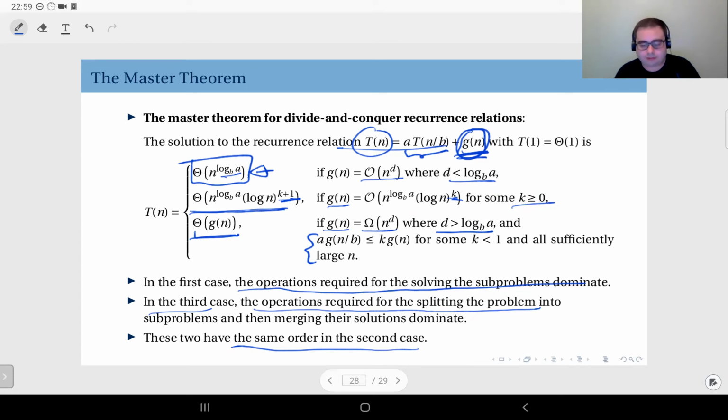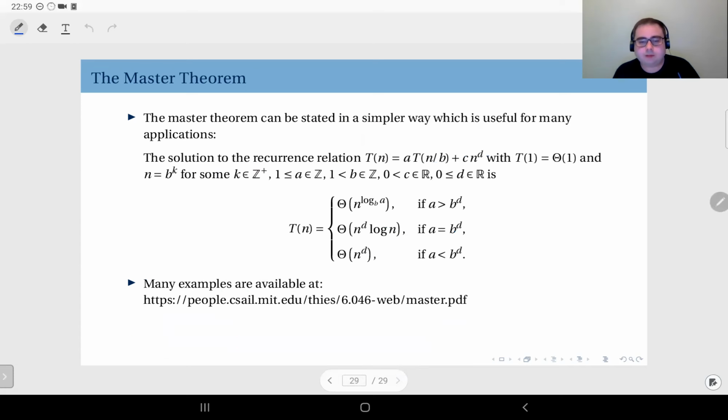This is the general setting, but in most resources, you would see this in a more simplified way. In fact, this is the scheme laid out in Rosen's book. And the master theorem can be stated in a simpler way, and this is quite useful on many occasions.